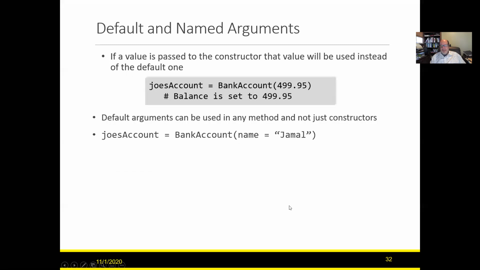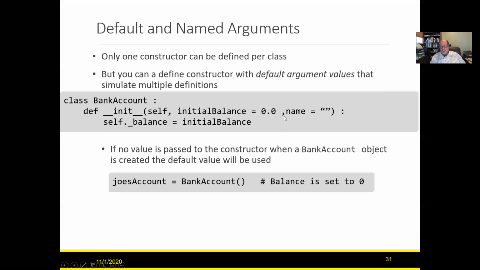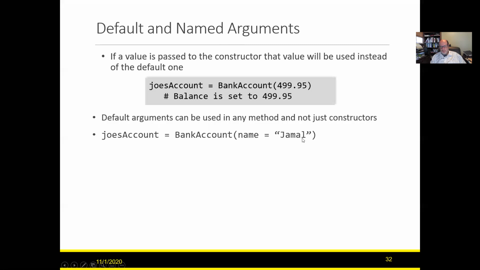Now, we have something in Python that, even though it's a default value, we can call the second. In Java and C++, when you have default values, you cannot go to the second one. You have to use the first one first. But in Python, you can skip over the first one and use the second one. So I can put a value for the second one, and the first one is going to be the default value.